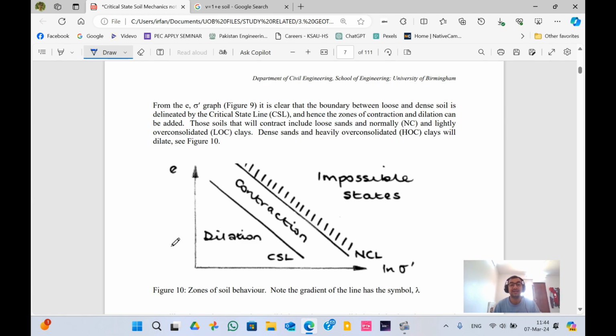It also shows the zones of contraction and the zones of dilation. On the left side of the critical state line the soil undergoes dilation, which means it is increasing in size, and on the right side of the critical state line it will contract.